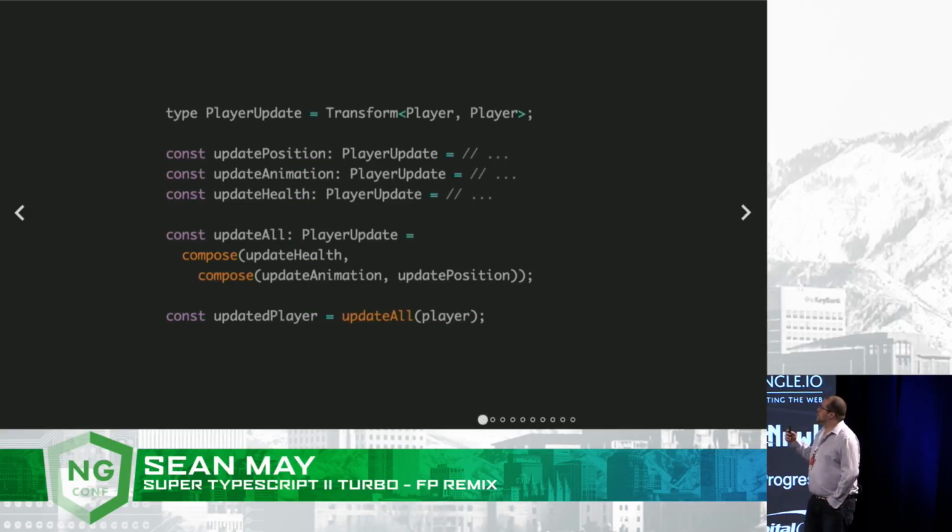Right, so again, in a slightly larger example, player update is just a transform from player to some new player, right? And I have update position, update animation, update health, and update all is going to be a compose of update health and also the composition of update animation and update position. Right? So I can compose composed functions.